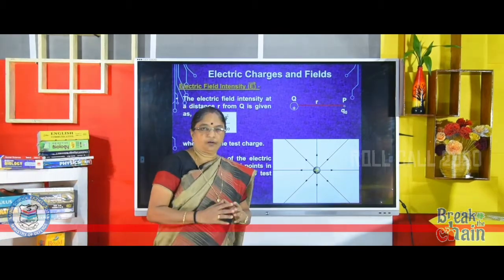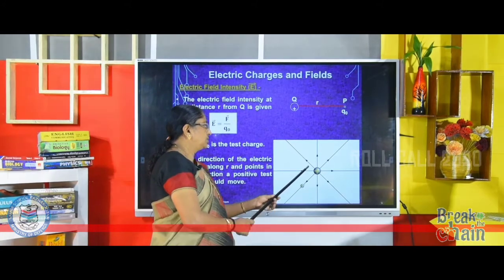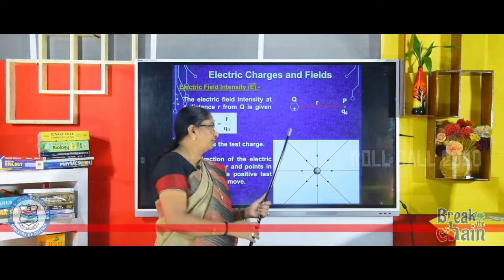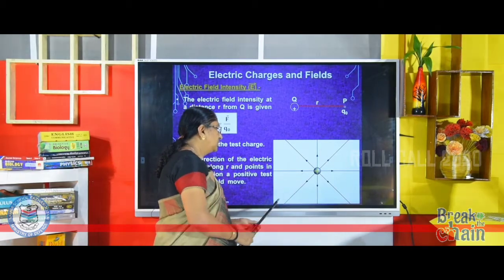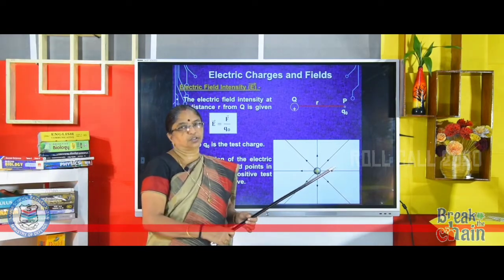And see the bottom one. Here you can see a positively charged source charge is kept here, and you can see the movement of test charge, which is away from the source charge because it is a positive charge.